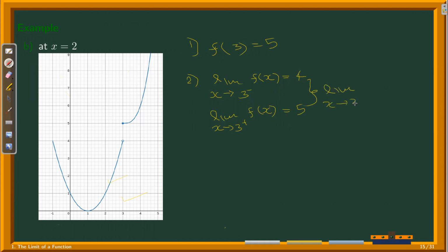The limit as x goes to 3 of f(x) is undefined, no? Because these come to different values. So that means the second condition is broken. If one of them is broken, I don't have to check for the others because all have to be satisfied. Okay, all have to hold to be continuous.